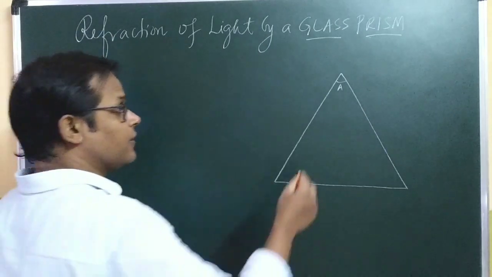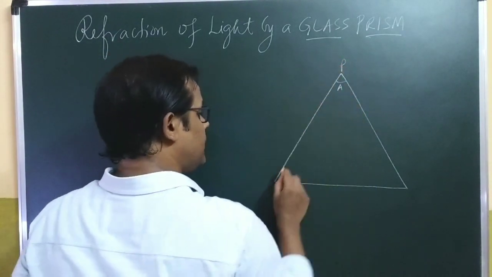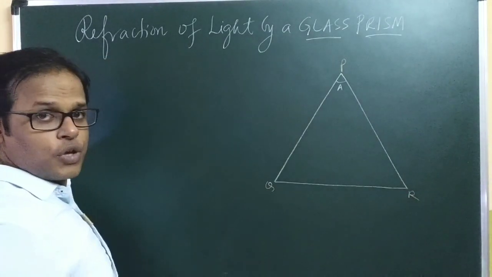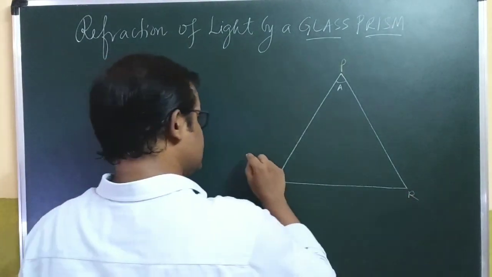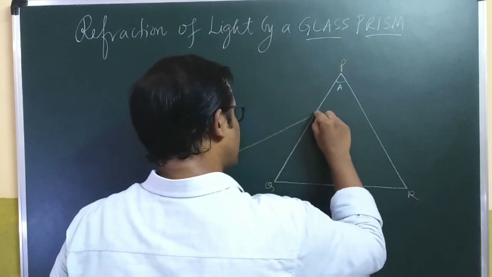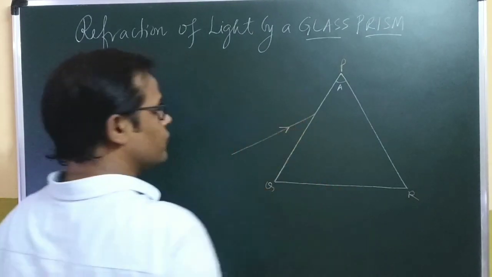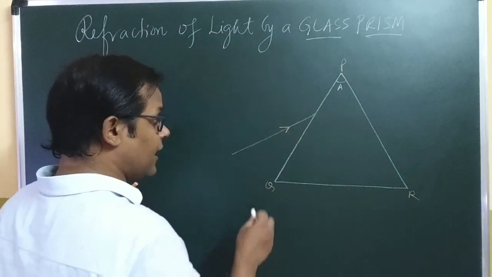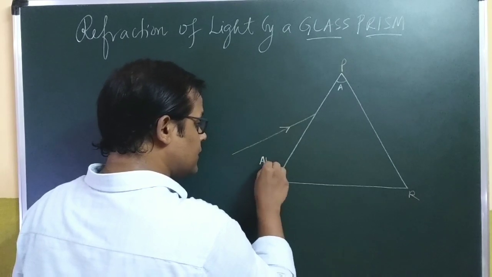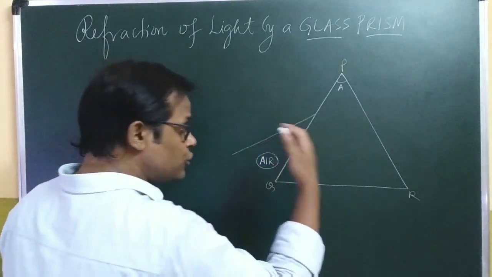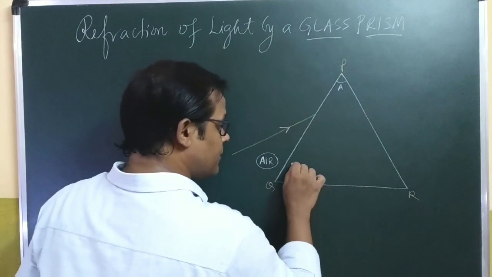So now let us name the vertices P, Q, R. If a ray of light is incident obliquely on one of the refracting faces of the prism, you need to understand that the ray of light is coming in from the air medium into an optically denser medium.